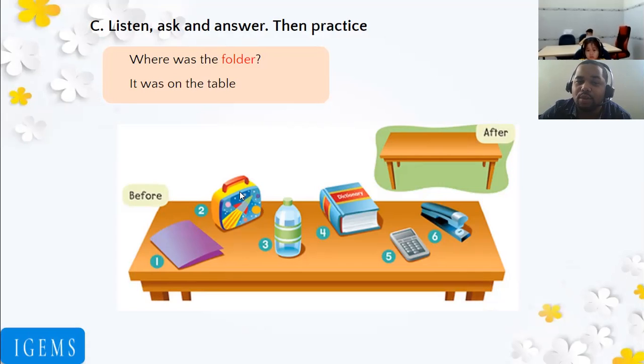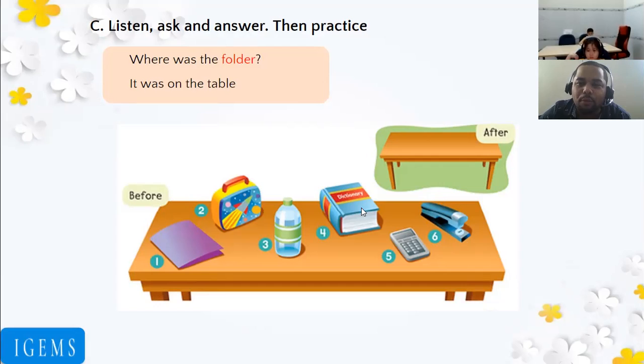Okay, and number two, lunch box. That is correct. Number three, water bottle. That's right. That is a bottle of water.